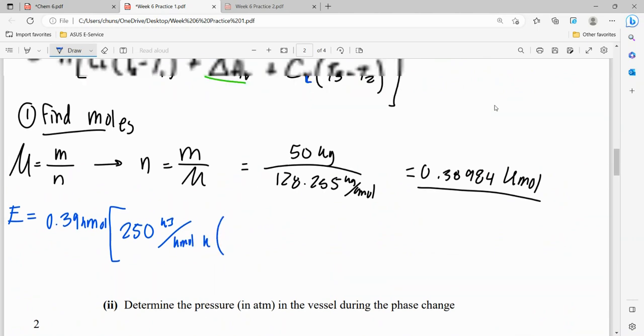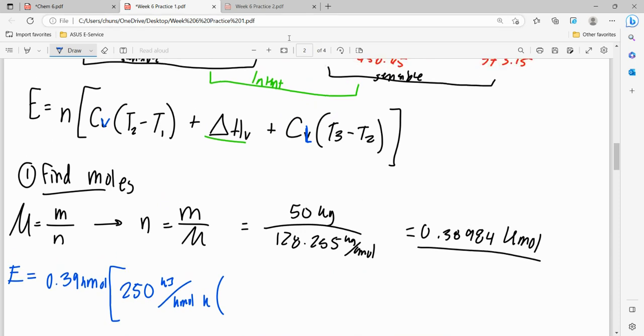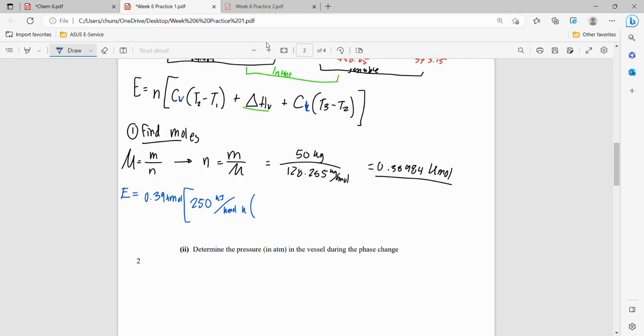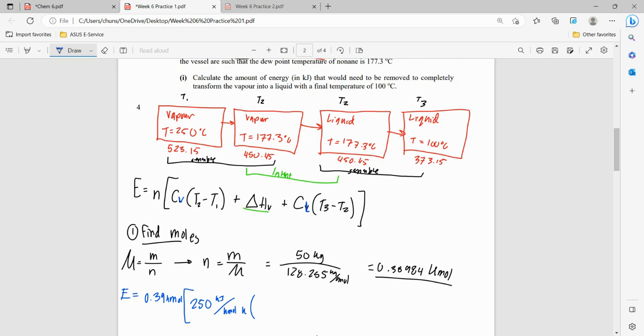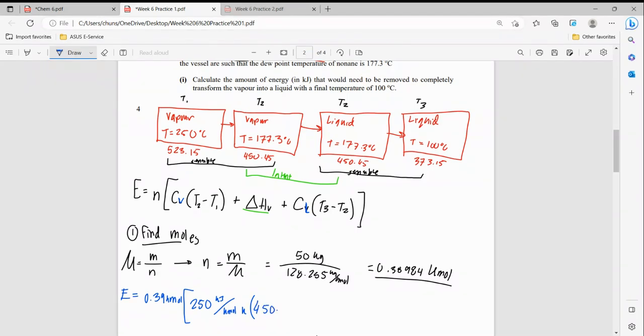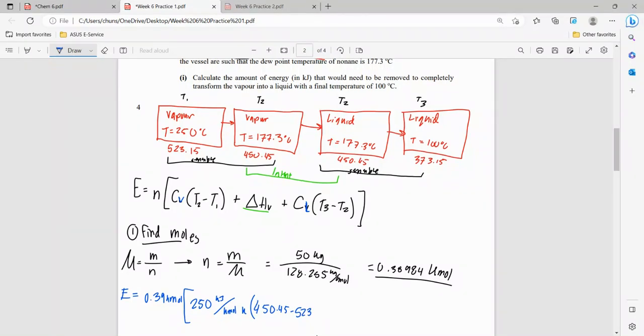And this is times our T change. So this is 450.45 minus 523.15. Okay, so that's our first term.